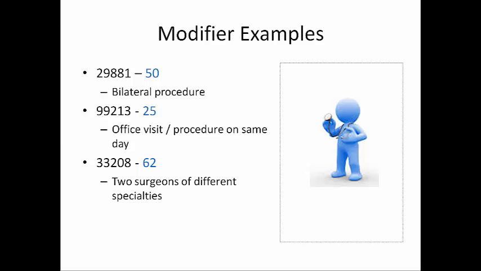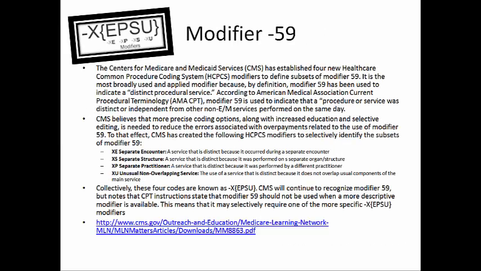So here's real quick modifier 59. The Center for Medicare and Medicaid Services has established 4 new HCPCS modifiers to define subsets of modifier 59. It's more broadly used and applied because by definition modifier 59 has been used for those distinct procedure services.